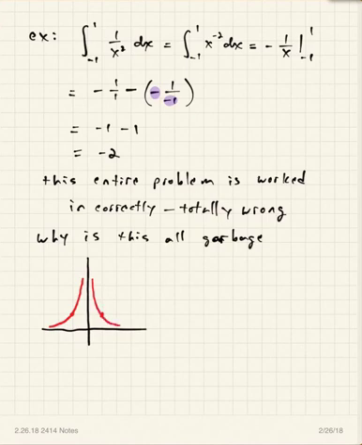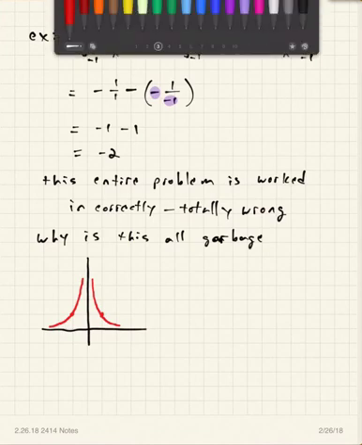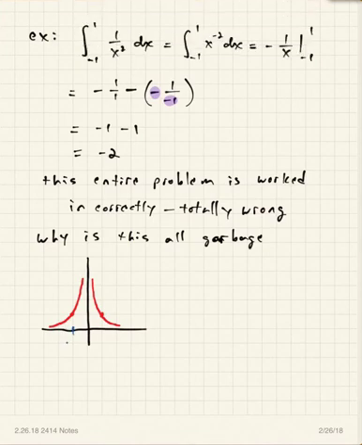It has symmetry with respect to the y-axis. And so what I want you to think about here is where do we integrate this function? Well, we integrated it from negative 1 to 1. And notice we integrated it across the discontinuity right there. There's an infinite discontinuity on the y-axis, and we've integrated across that discontinuity.